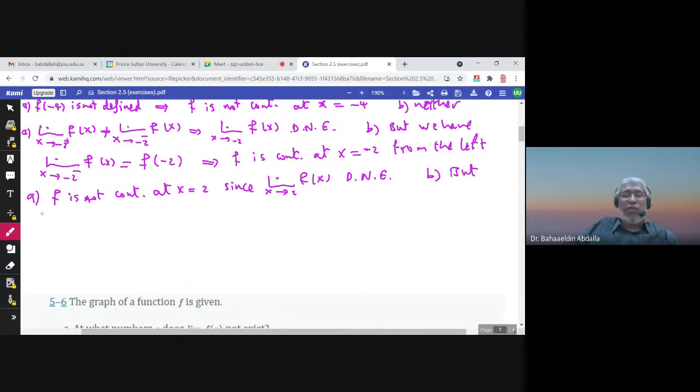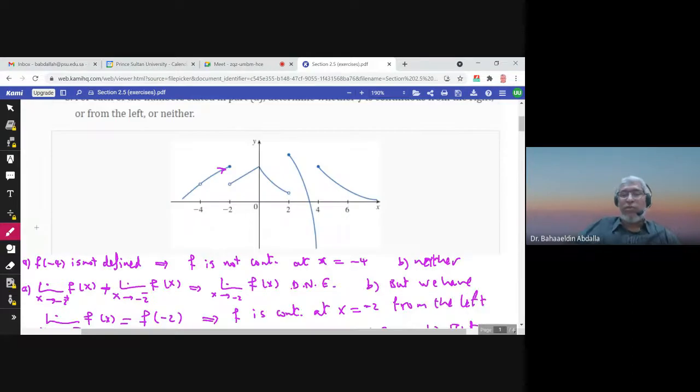But we have the limit of f of x when x approaches 2 from where? From the right. Okay, when x approaches 2 from the right, the function approaches this number, which is f of 2.